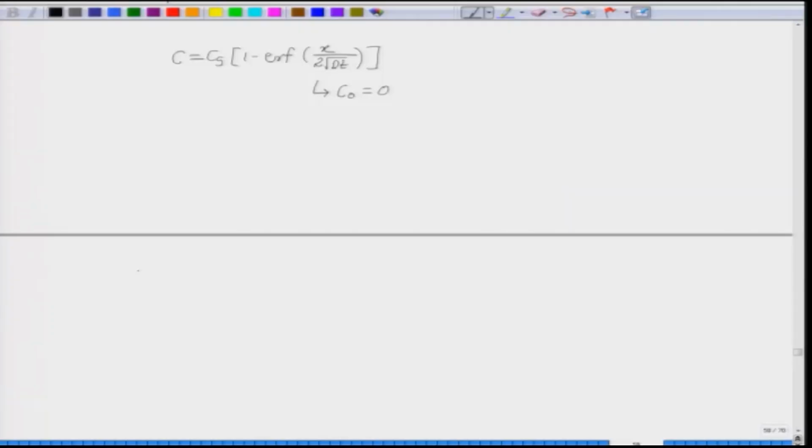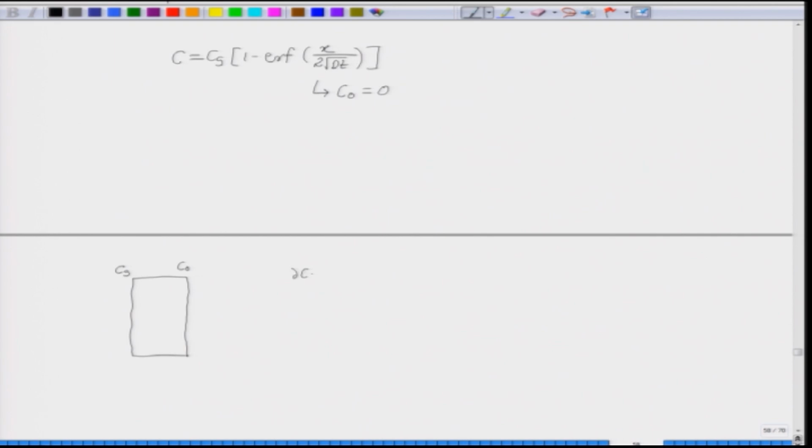So, to state the problem, we have a semi-infinite slab whose initial concentration is C0, and the surface concentration which is maintained constant during the process is Cs.